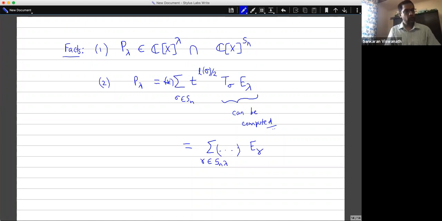Okay, so the other important point is, this is now some linear combination of the E_γ's. One property that the E's had that the P's do not have a priori is that the E's were actually eigenvectors for the simultaneous action of all the Y's.